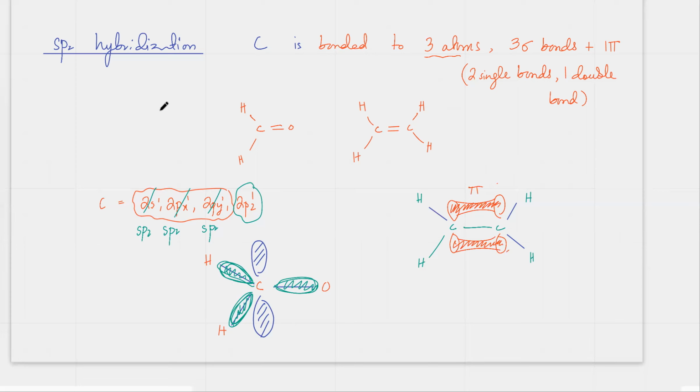So that's how pi bonds happen. Three electrons form normal bonds. The fourth electron, that's not busy initially, ends up forming a pi bond.